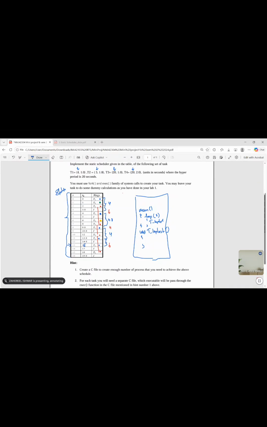So how do we go about doing it? I'm restating my question. T1 gets executed at time equal to 0, and after time equal to 20, this whole sequence gets repeated. So every 20 seconds, the same pattern of execution of this set of tasks will get repeated.